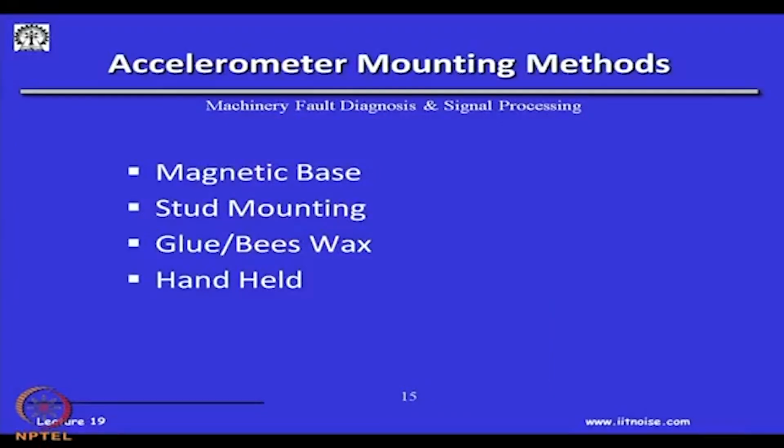Now, the next question you would be asking yourself is how do we physically fix this accelerometer onto the surface on which we are measuring the vibration. The surface could be as delicate as the flapping wings of a buzzing bee, or as robust, heavy and hot as a gearbox casing.